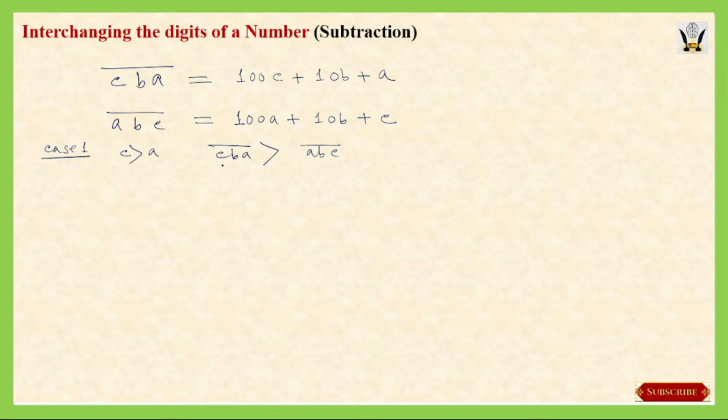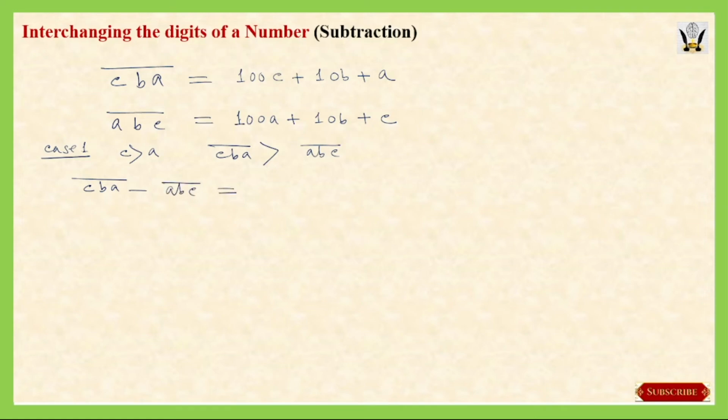And this time we are focusing on the positive result. So when C is greater than A, we will be performing the subtraction this way. From CBA we will subtract ABC.